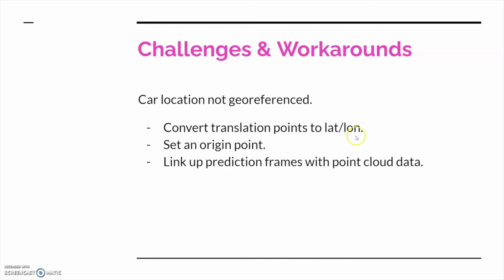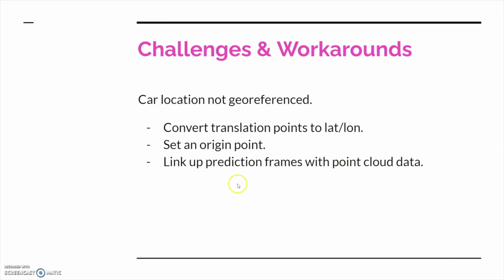But in the end, it only gave us the translation into latitude and longitude and not the exact points that we need. The next thing we tried was setting up an origin point and then moving the car from there. But I searched the forums. We couldn't find an origin for this system.